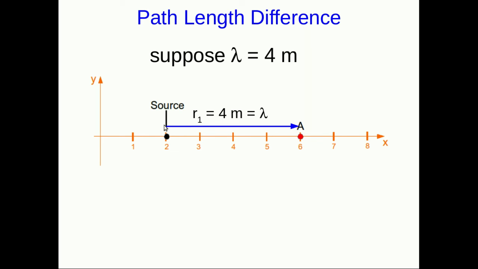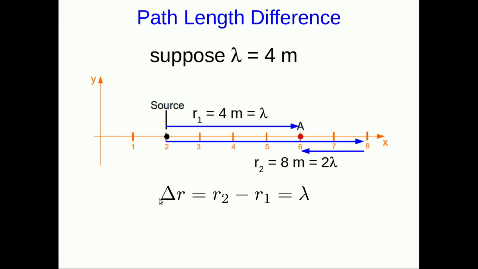So first, look at this. We have a direct path length, so waves leaving the source directly get to A with a path length of 4 meters. Waves that leave and reflect off this far end here travel 8 meters. So one of the path lengths is lambda, and the other path length is 2 lambda. And so our path length difference is just 2 lambda minus lambda. It's lambda.